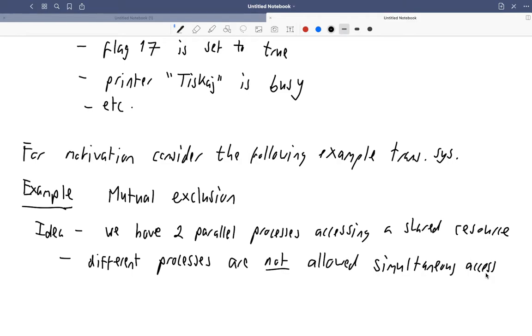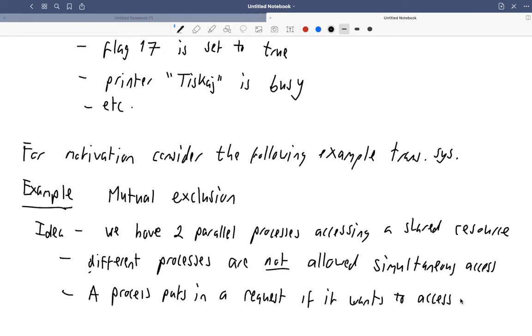Instead, processes follow the following protocol in order to communicate with the resource. First, if a process wants to use a resource, it first puts in a request to use the resource. So a process puts in a request if it wants to access the resource.